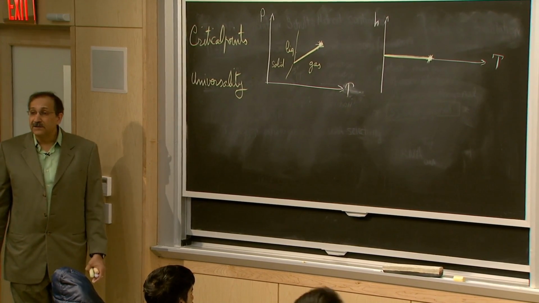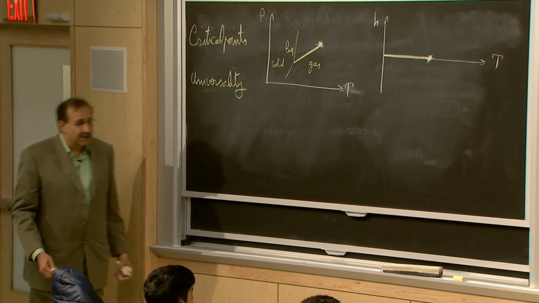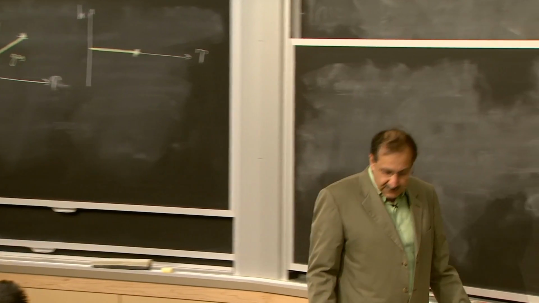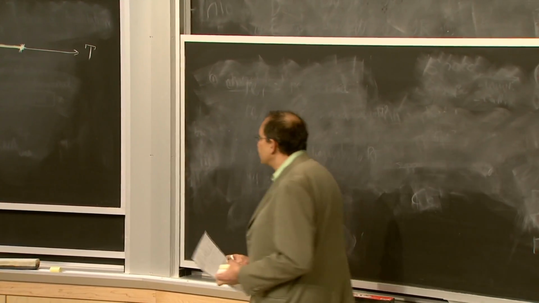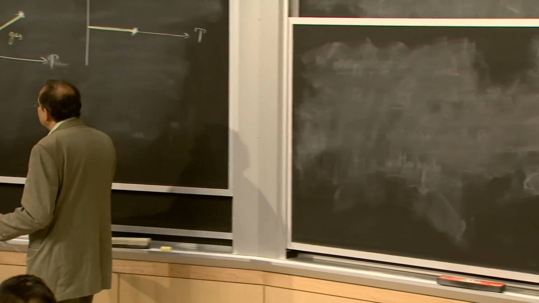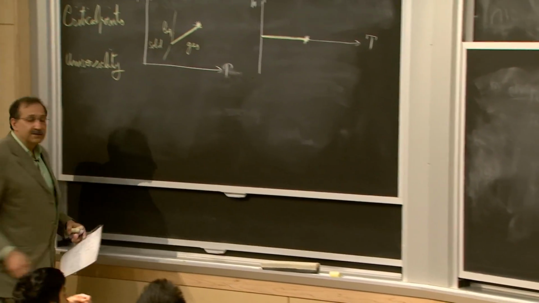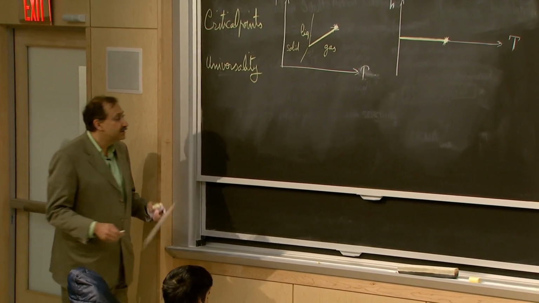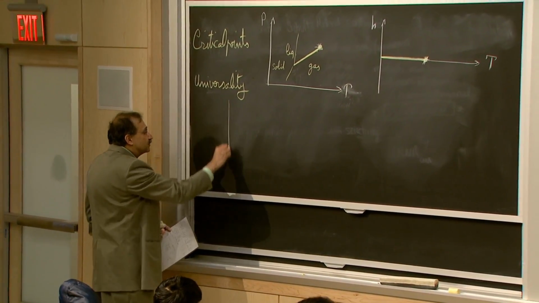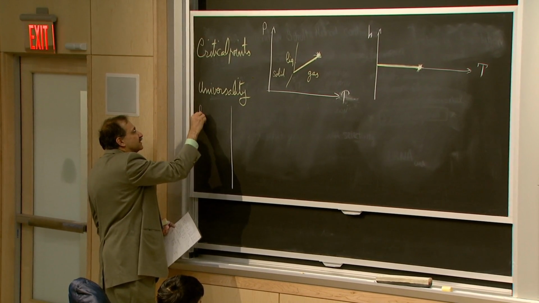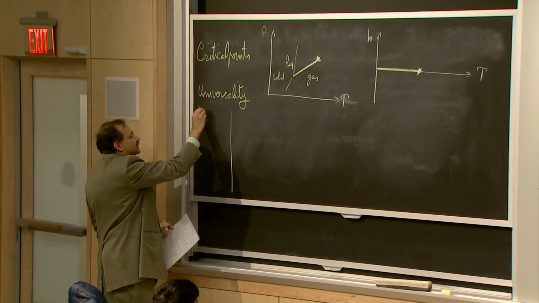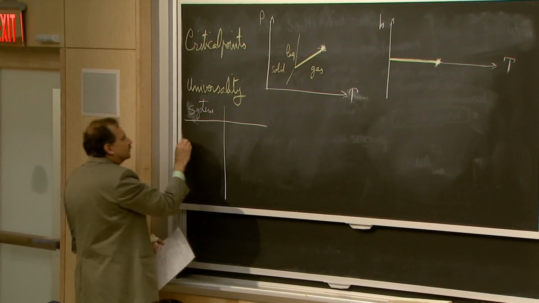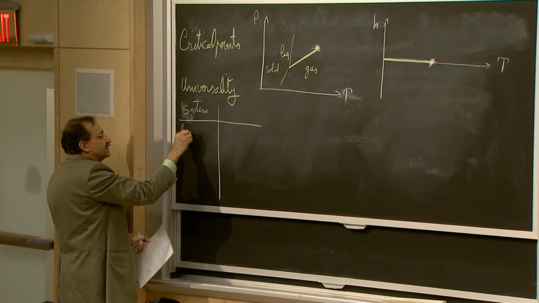And these singularities we try to capture through some scaling laws for the singularities, and I've been kind of constructing a table of those singularities. Let's do it one more time here. So we could look at systems such as the liquid gas. So let's have here a system, and then we could look at the liquid gas.